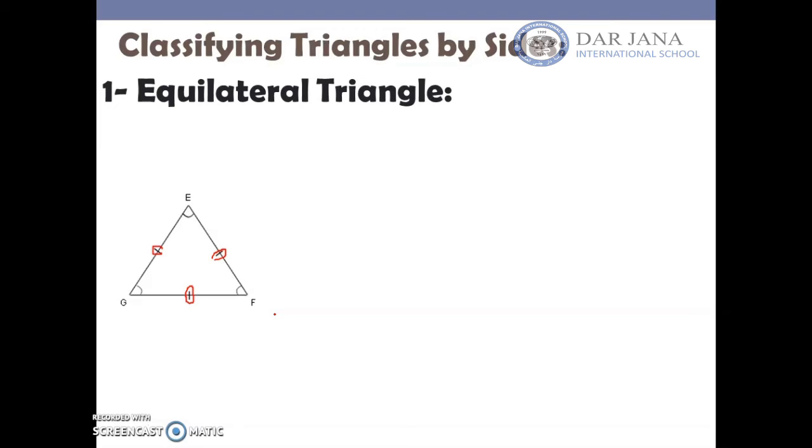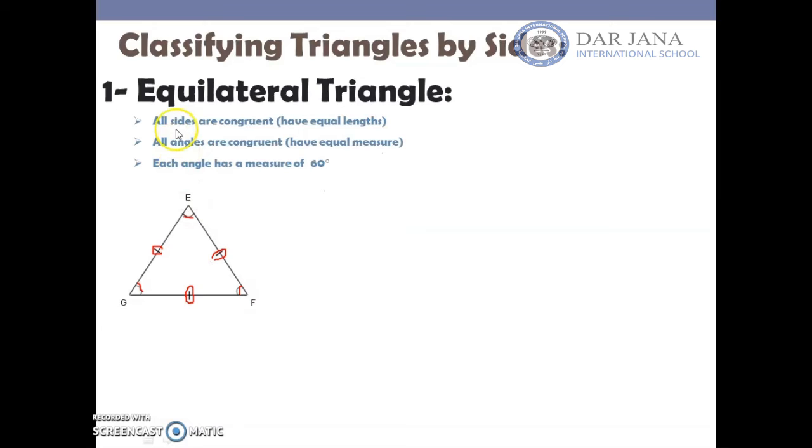Remember also one thing, and this is a very important idea in triangles. When you have three congruent sides, then obviously you're going to have three congruent angles. So in this case, this angle is congruent to this angle, and angle G is congruent to angle E, congruent to angle F. This is always the case. So an equilateral triangle is a triangle that has all sides congruent, meaning they have equal length.